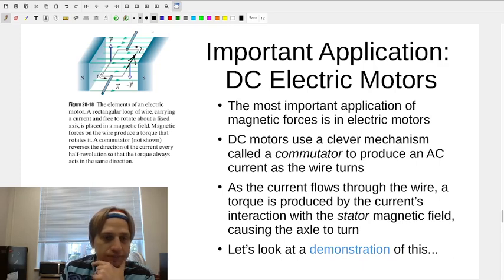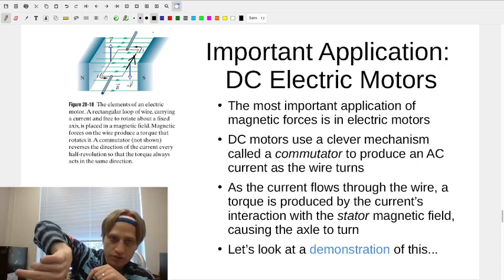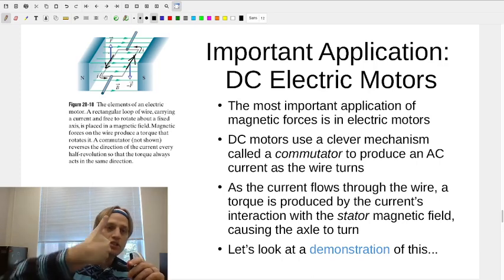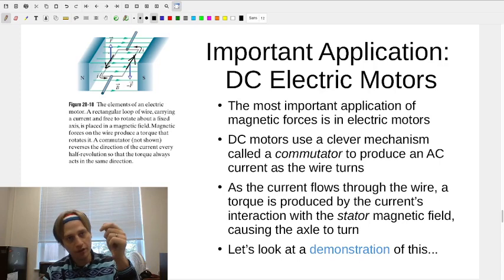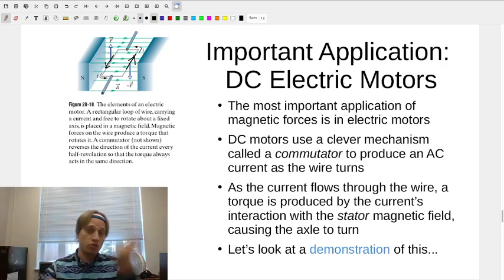There's your I. I cross B gives you a force that's pushing down on one side, and I cross B gives you a force that's pushing up on the other side of the loop. So it's pushing down on one side of the loop, up on the other side of the loop. Essentially what this creates is a torque, and that torque causes the wheel to spin.